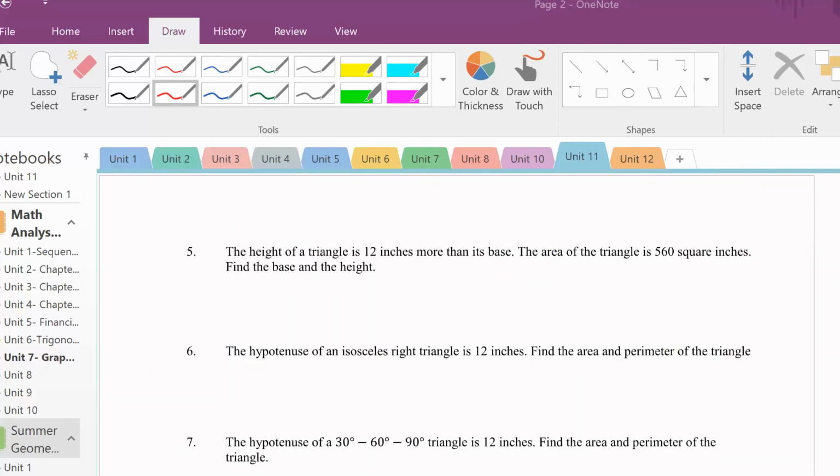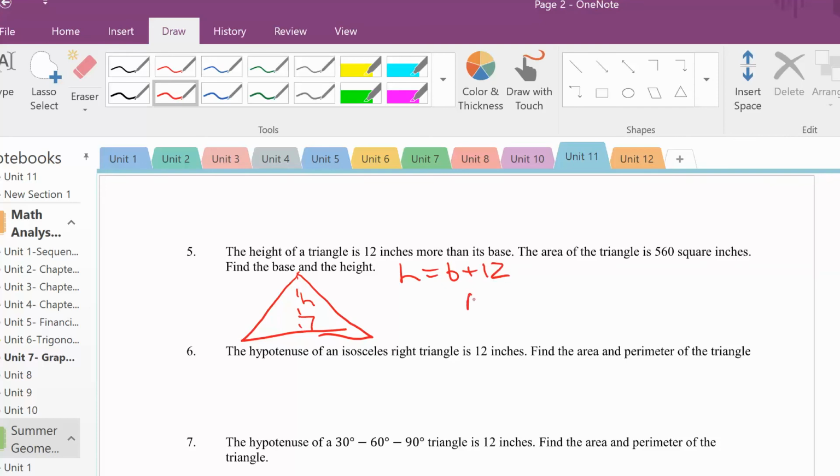All right, so number 5 here, it says the height of the triangle is 12 more inches than its base. The area of the triangle is 560 square inches. Find the base and the height. So if you draw the triangle, here's the height. So the height is equal to b plus 12.